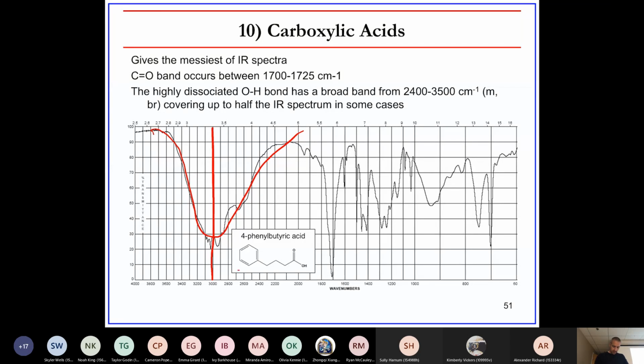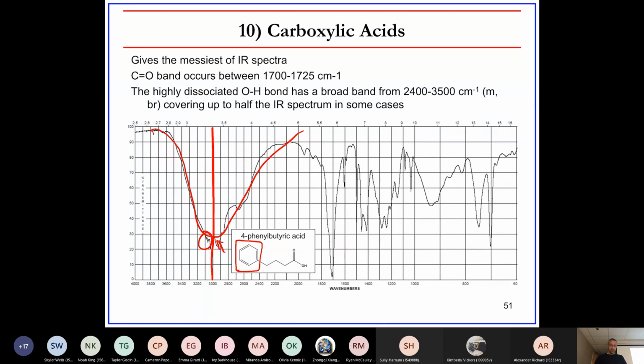Notice that this compound has a phenyl group, which is all sp2 carbons with hydrogens. So we expect on the left side of that line for there to be sp2 CH stretching just above 3000. And we see some stuff there, but it's sort of buried underneath that great big carboxylic acid peak. Same thing on the other side.